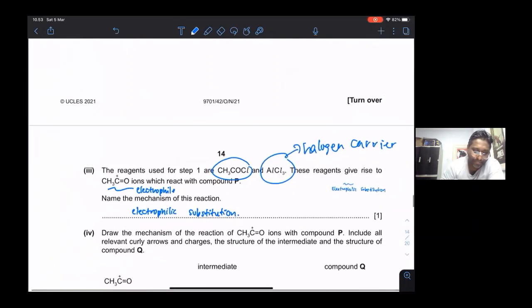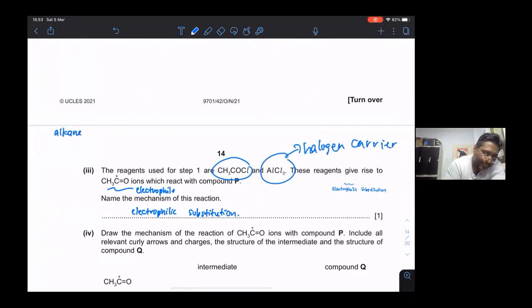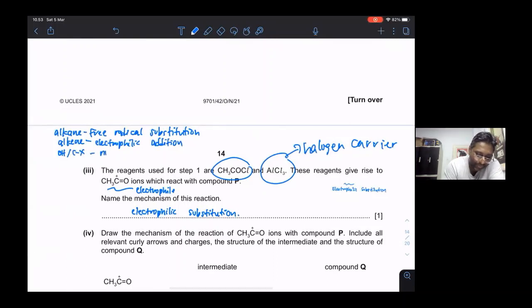Please remember for alkane, free radical substitution. For alkene, generally, if it is the double bond breaking, then we are talking about electrophilic addition. If you are talking about alcohol or halogen alkane, then we are talking about nucleophilic substitution, SN.